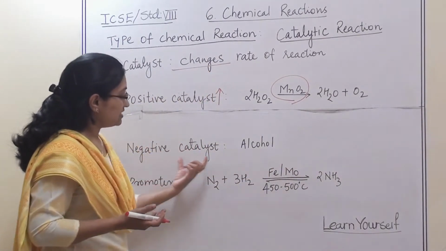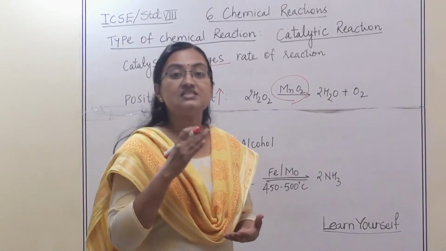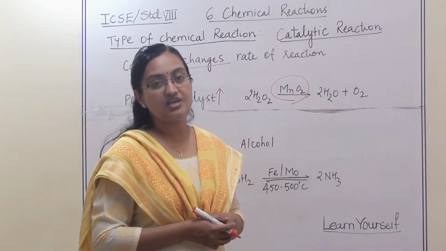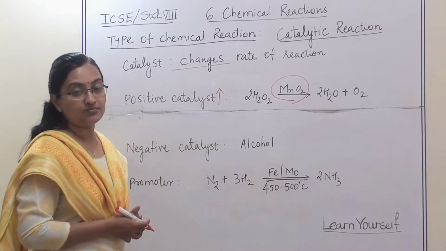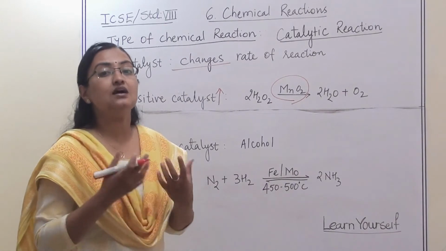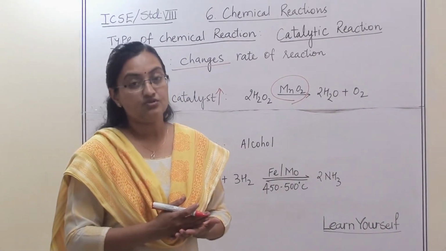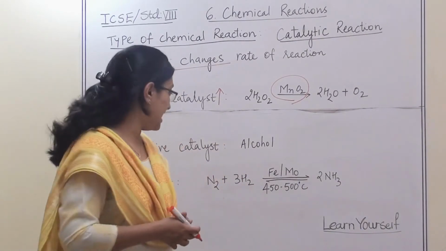Negative catalyst: here we use alcohol. It will suppress the rate of reaction. It will decrease the speed of reaction. The third one is promoter. A promoter is a compound we use along with the catalyst. So it will help the catalyst to enhance the rate of reaction.